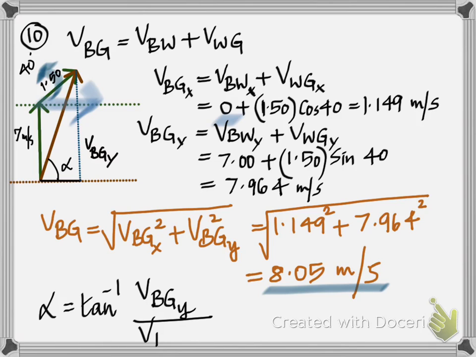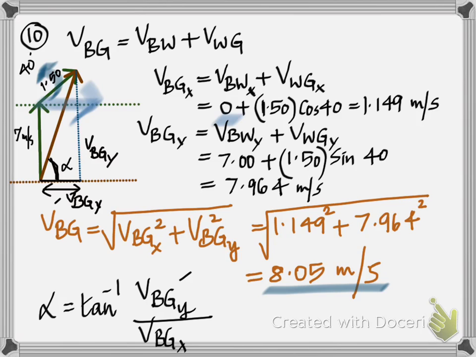VBGY, and this is VBGX. Now, it's very clear that tan of alpha is the opposite side, which is this, over the adjacent side.